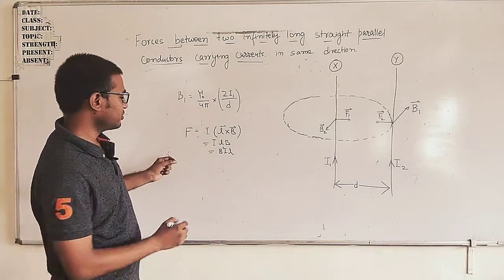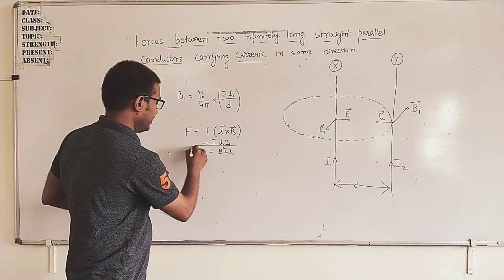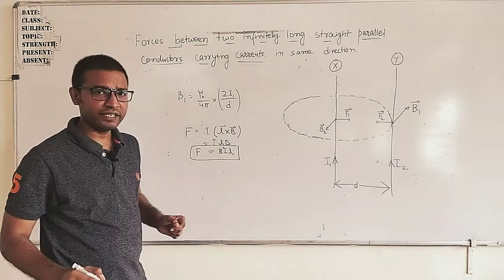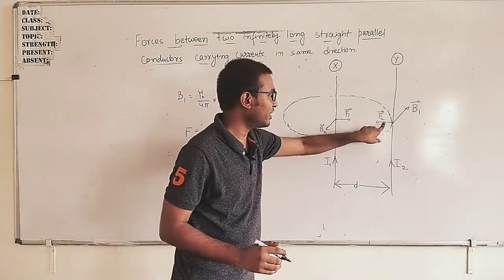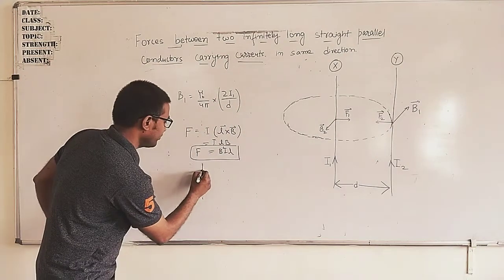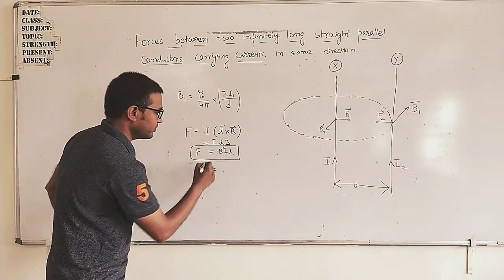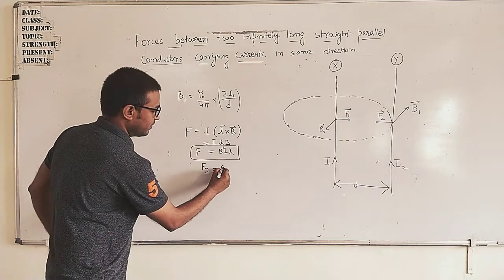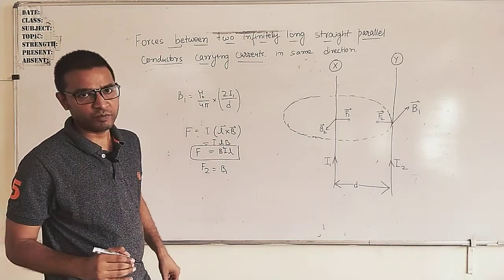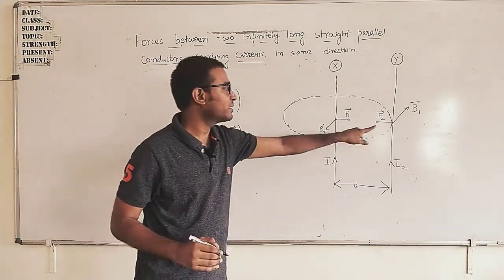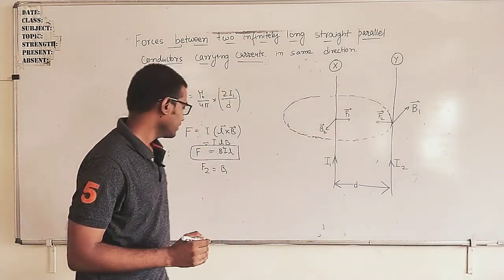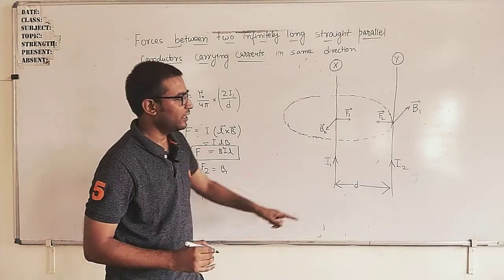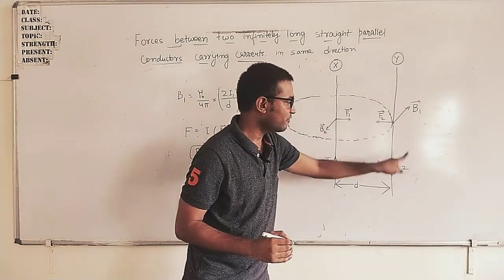So the force on a current carrying wire is BIL, but here let us try to find out the force F2. This F2 must be equal to this magnetic field B1, because B1 is the magnetic field due to this current carrying wire at this point, times I2, the current flowing in this wire.